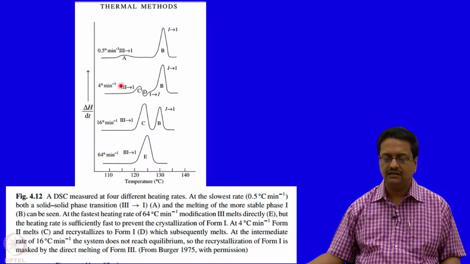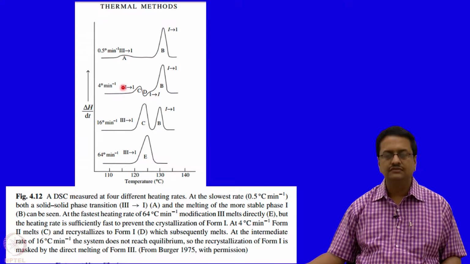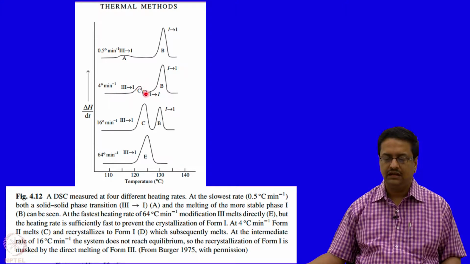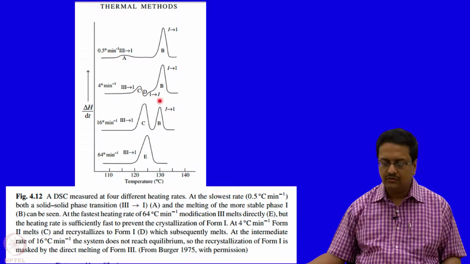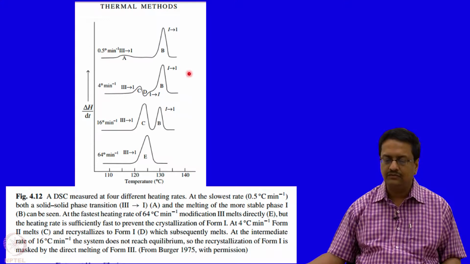A faster rate of heating allows phase transition of 3 to 1, and then 1 melts to liquid, and again 1 goes to, it should be 2, and then 2 melts at higher temperature.